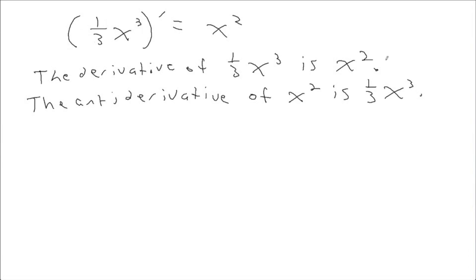Good. Now, how could we re-express this using function notation? Well, who's the original function here? When we write this sentence, would you agree we're kind of assuming that we started with 1/3 x cubed and took its derivative, right? So we could say that the original function here was f of x.